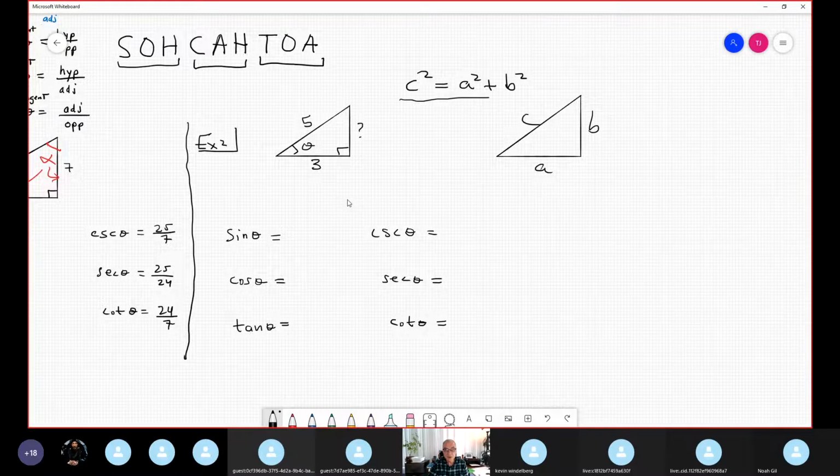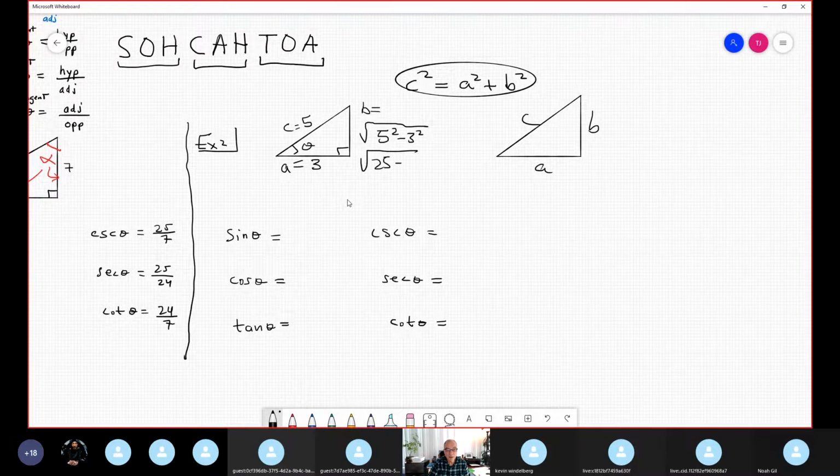To find the missing leg, it is the square root of 5 squared minus 3 squared, because I isolate B. Suppose this is A, this is B, and this is C. 25 minus 9 is 16, and the square root of 16 is 4.